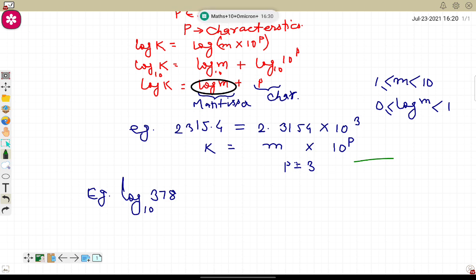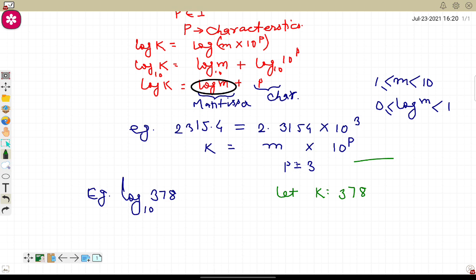So let us check. We have the number 378, so k is equal to 378. What is the characteristics for the given number?